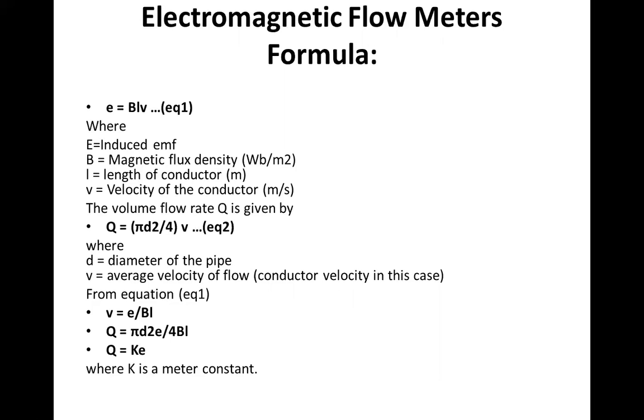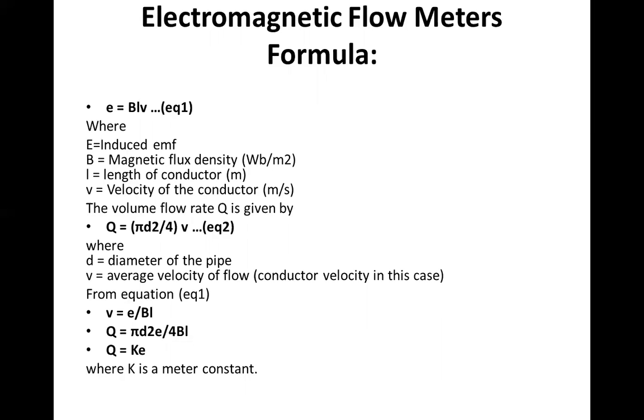The volume flow rate Q is given by Q equals pi D square by 4 into V, that is equation number 2, where D is the diameter of the pipe and V is the average velocity of flow, the conductor velocity in this case.